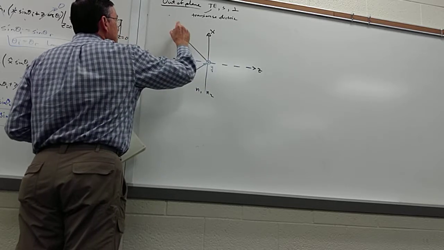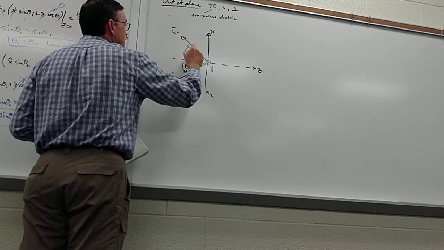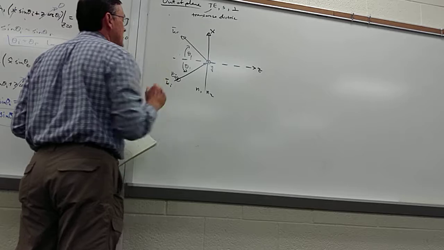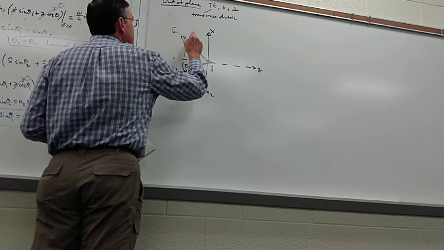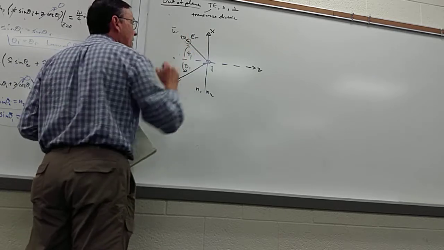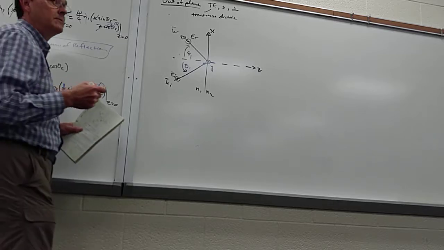And we know that the reflected light will be also at an angle theta 1. And then we have a choice here. We could assume that that reflected field is out of the plane of the board. We could assume it's into the plane of the board. But let's just assume it's out of the plane of the board.